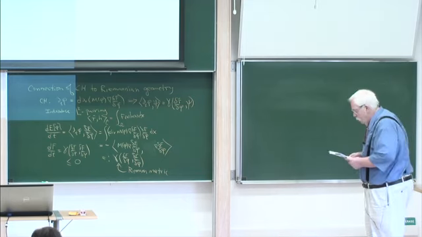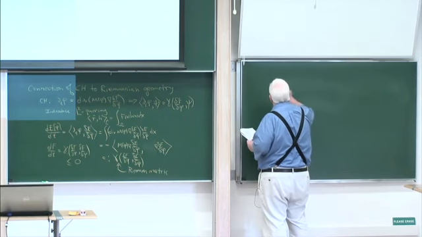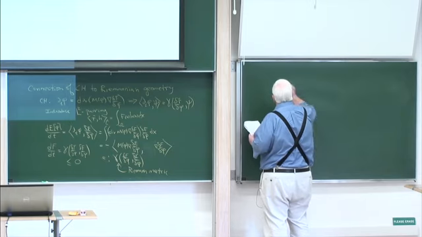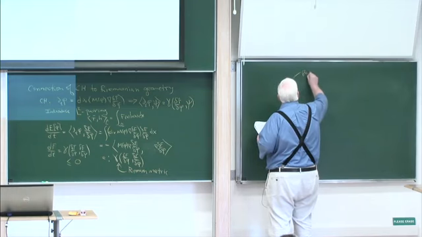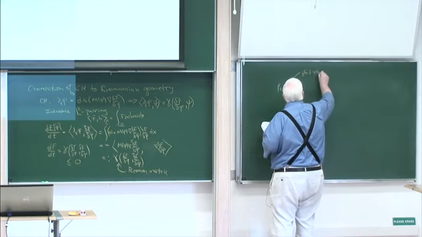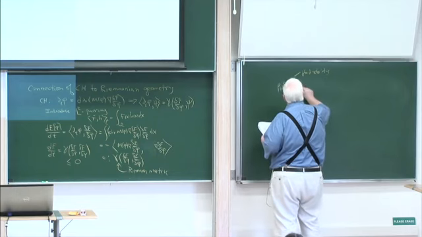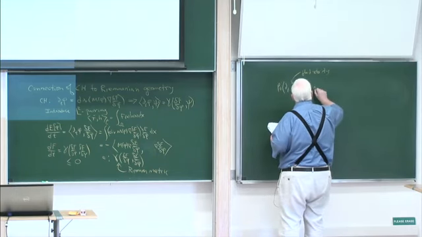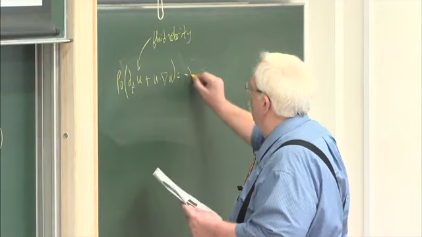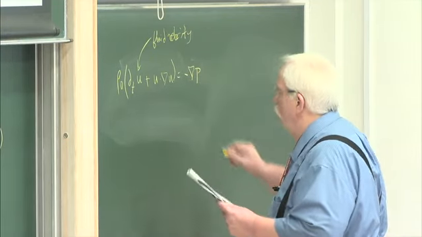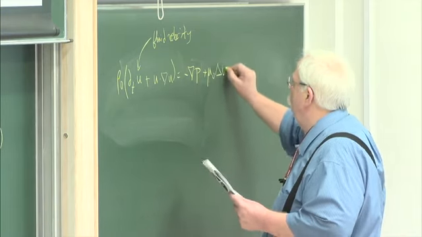For a Navier-Stokes equation, we have rho 0 d by dt of u, which is the fluid velocity, plus u dot grad u equals minus grad p plus mu 0, some constant, times the Laplacian of u.